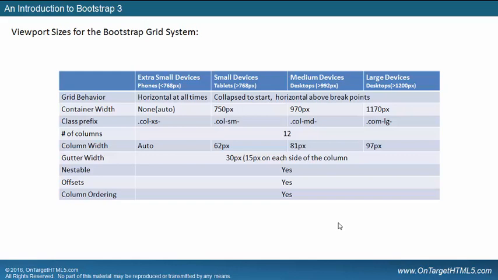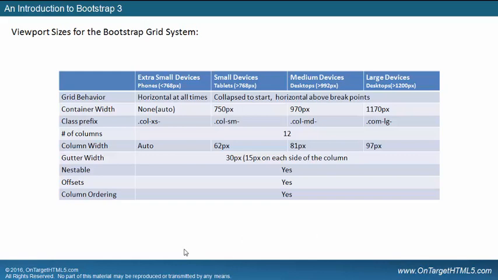But for right now, for extra small devices, in other words, phones that are less than 768 pixels, the grid behavior is horizontal at all times. The container width is automatic. The prefix that we're going to use is .col-xs- and then the number of columns that we want. The max number of columns for that particular row is going to be 12, and that's consistent across all the different sizes.